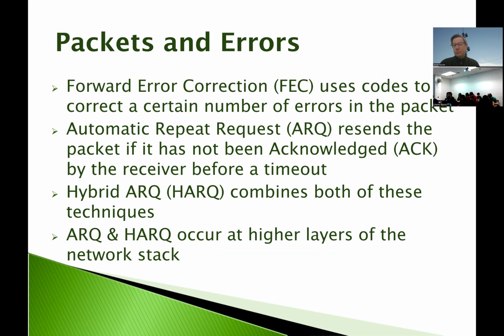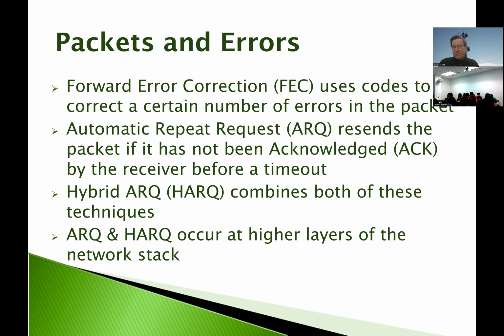We can also take advantage of automatic repeat request, or ARQ, which resends a packet if it has not been acknowledged, or ACKed, by the receiver before some timeout. If you've studied TCP communications, these concepts are inherent in that, in terms of ARQ and ACKs. Hybrid ARQ, or HARQ, combines both of these techniques.